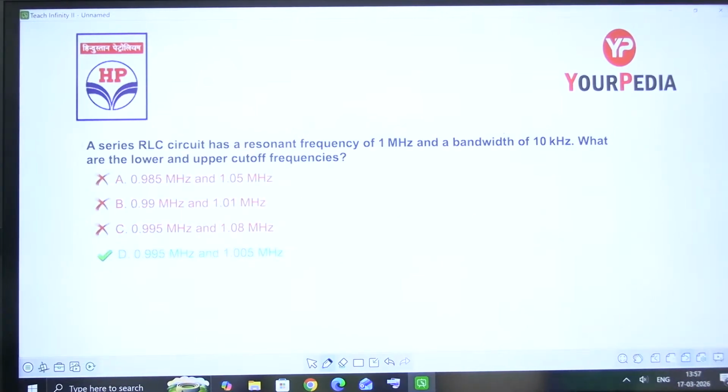Next. A series RLC circuit. This is a very simple question, direct formula based. A series RLC circuit has a resonant frequency of 1 megahertz and bandwidth of 10 kilohertz. What are the lower and upper cutoff frequencies?